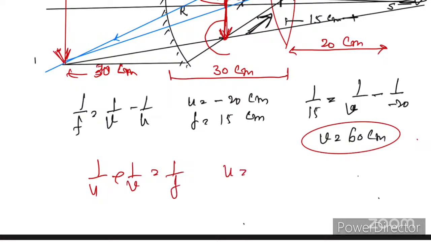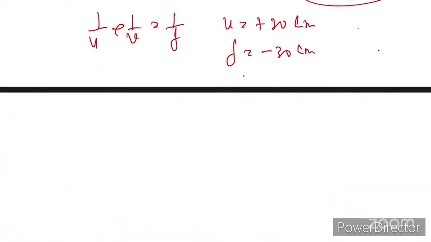U is plus 30 centimeter and F is minus 30 centimeter. So if we put the values here, then what will be there? This will be like this: 1 upon 30 plus 1 upon V is equal to 1 upon minus 30, and this will give you V as minus 15 centimeter.